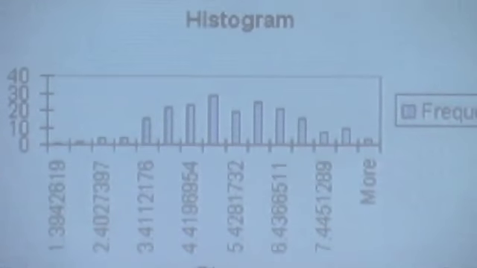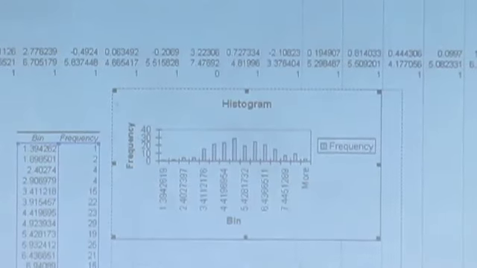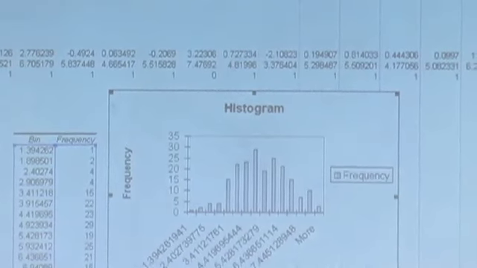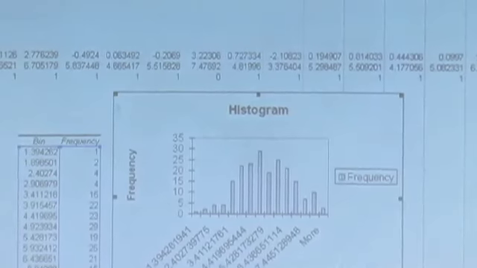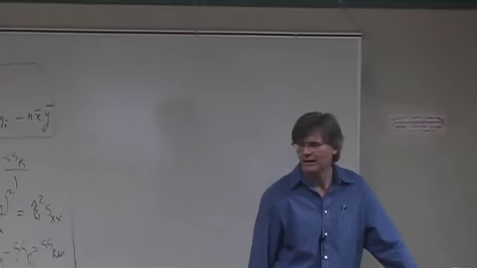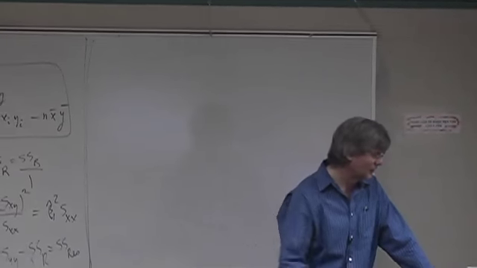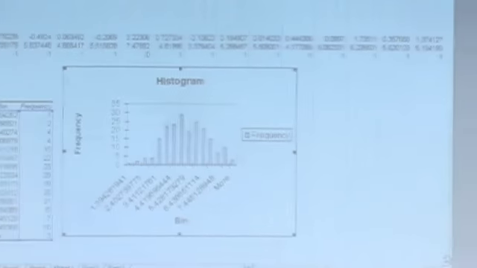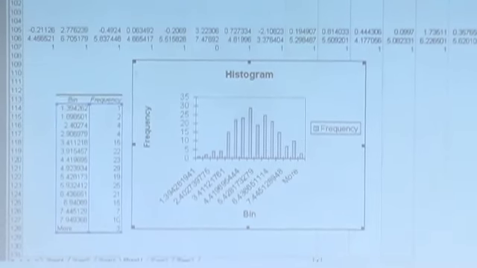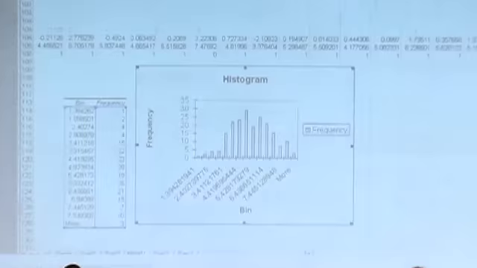So you can say anything you want about it. You can change the labels and stuff on that. That should also be normal. It's supposed to be normal. Doesn't look that great, does it? But I guess 250 simulations is just not that much.